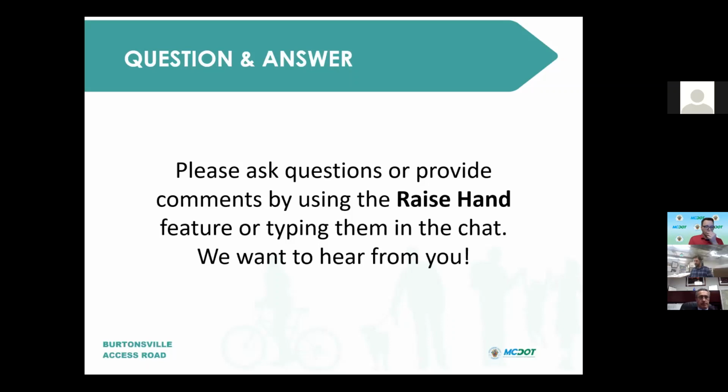Go ahead. All right. Couple things. Has anybody talked to any of the landowners yet about the acquisition of the land? Because I know that's a sticking point with the fire department, which owns the cell phone tower, and the Burtonsville Fuel, which owns a big part of that property. And that's one question.